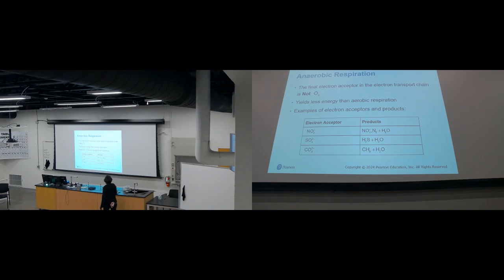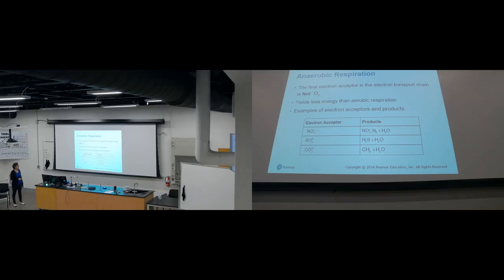For anaerobic respiration, we can have electron acceptors like nitrate, sulfate, and CO3. And it's less efficient to generate ATP than oxygen.